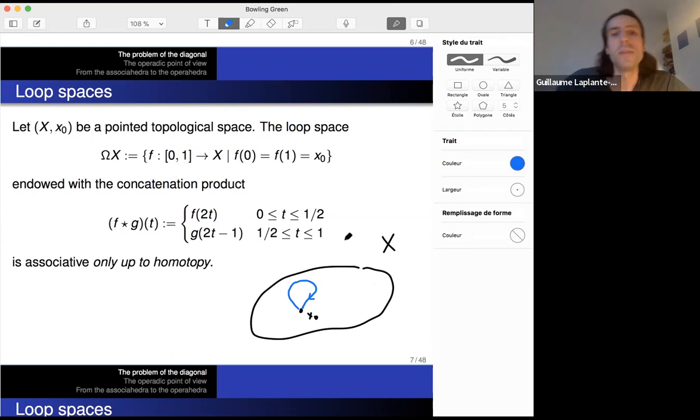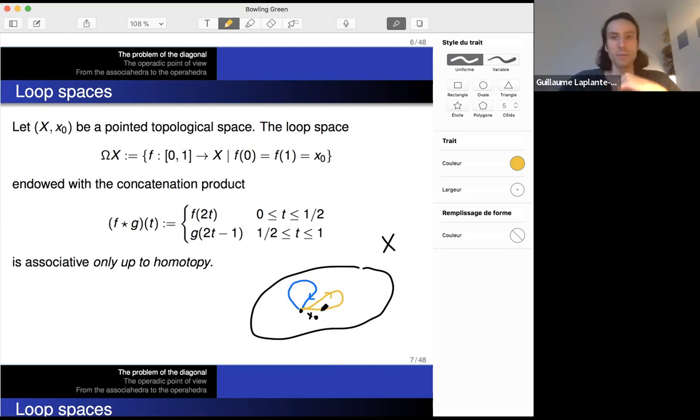This means that if you have a loop like the one in blue and a second loop in yellow, then you can make a loop out of them by going around them twice as fast. You go two times the speed on the blue and two times the speed on the yellow, and then you get a new loop which starts and ends at x0.